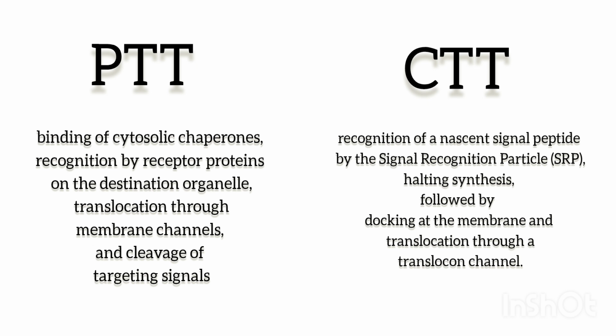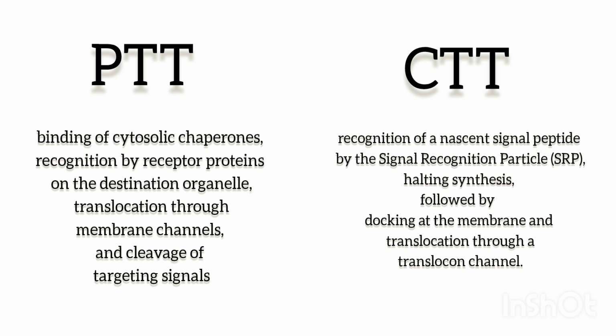Then CTT means co-translational targeting. That means translation continues, and after formation of part of a protein, translation halts for some time to start targeting. After targeting of that particular protein is completed, the translation restarts.